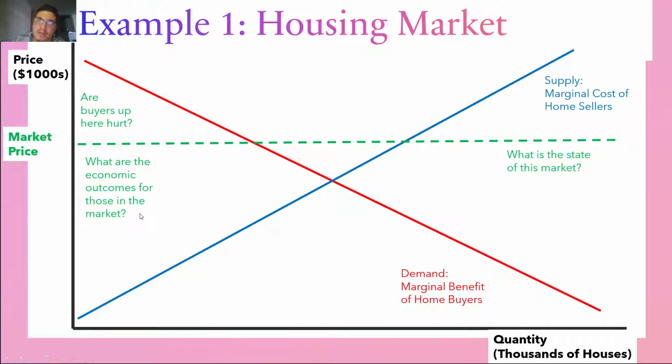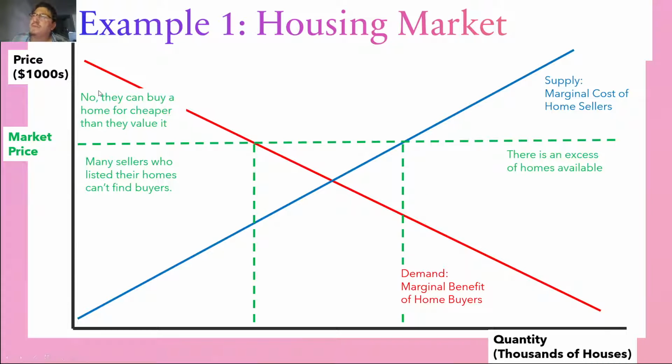So for those people in this market, what are their outcomes in economic terms, in terms of maybe dollars spent or quantity exchanged? These are what we mean by economic outcomes, and we're going to formally define that in lecture 3, which is coming up. And then what's the state of this market in general? Back to your 101 material. So 2 seconds here.